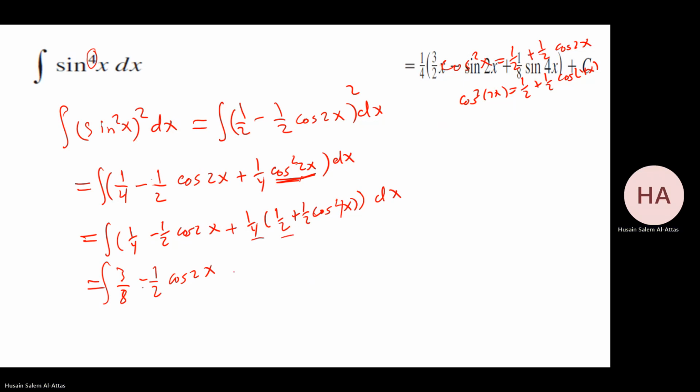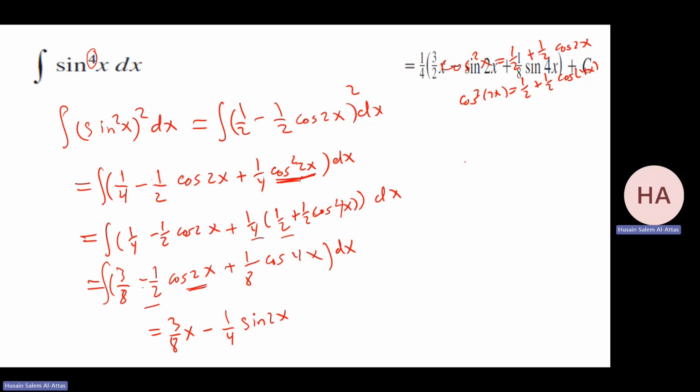Plus 1/8 cosine 4x dx. So you have 3/8 x minus 1/4 sine 2x, and this also comes with a half, the integral of cosine 2x dx, which is half sine 2x, plus 1/8 times 1/4 sine 4x plus c.